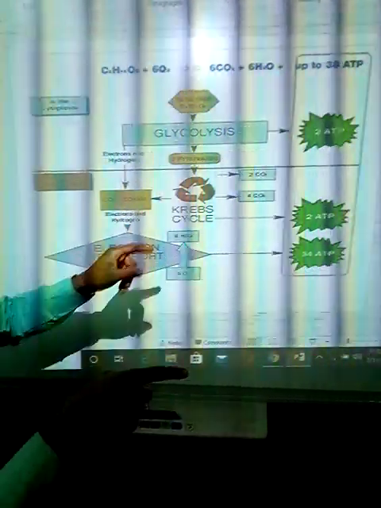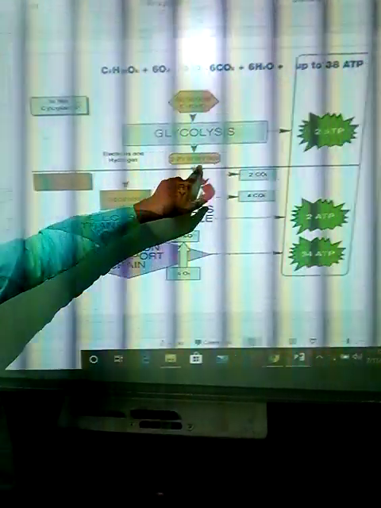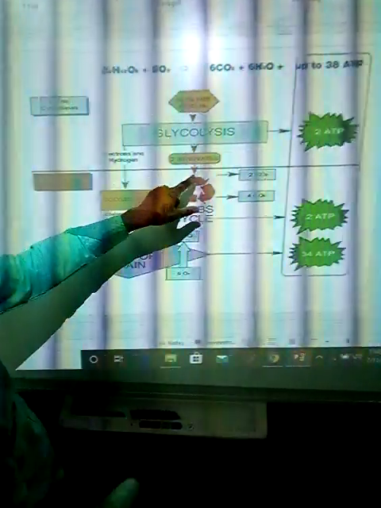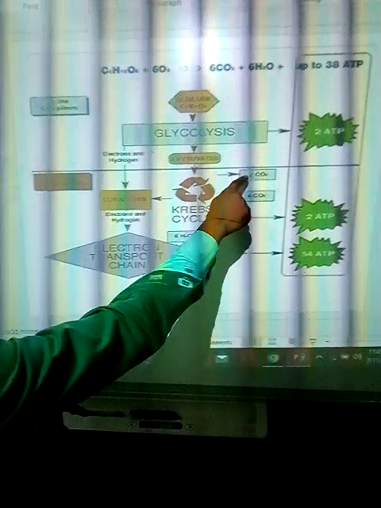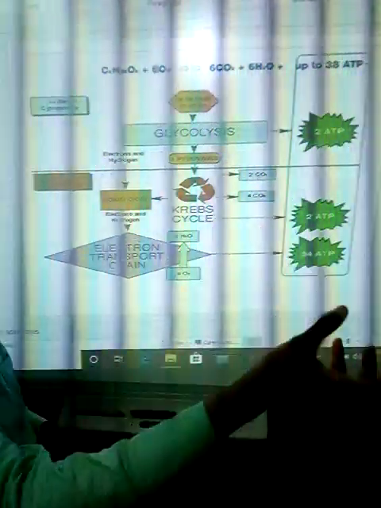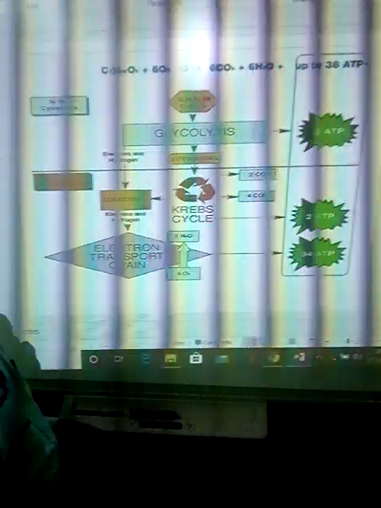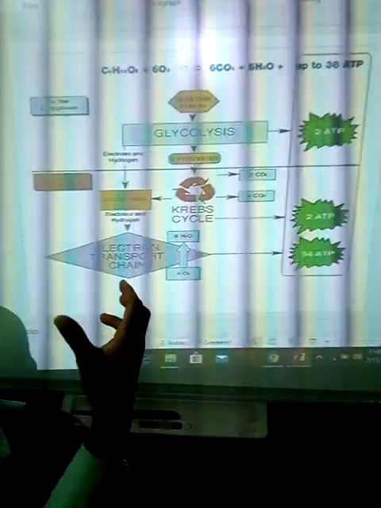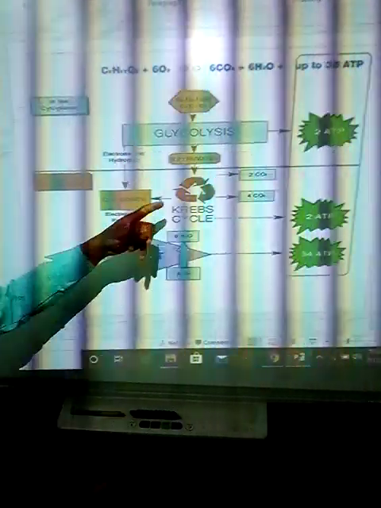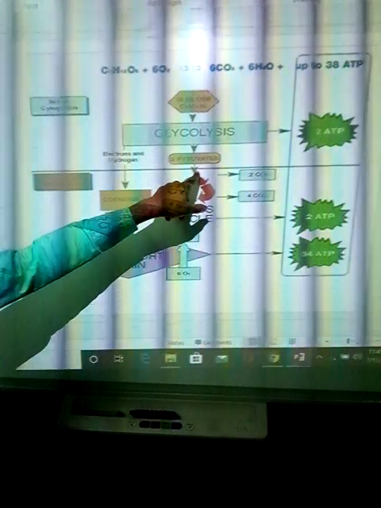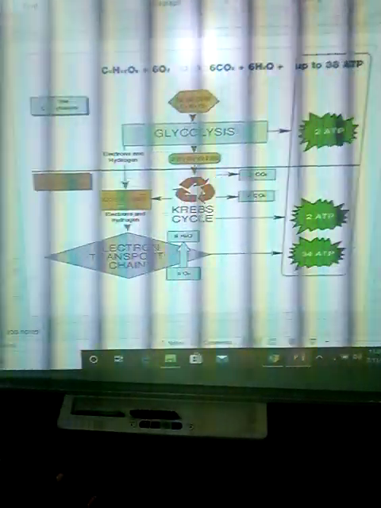Now the pyruvic acid, which is pyruvate, is what enters the Krebs cycle. Before pyruvic acid enters the Krebs cycle, some things take place. It is decarboxylated, which means carbon dioxide is removed from it. It is dehydrogenated and it is dephosphorylated.